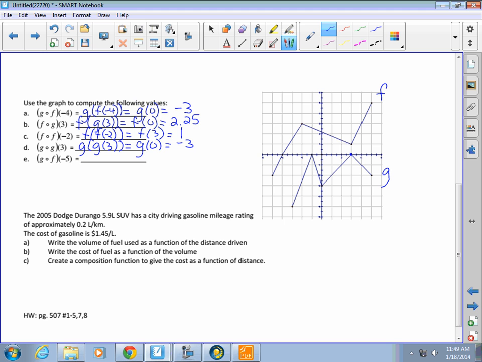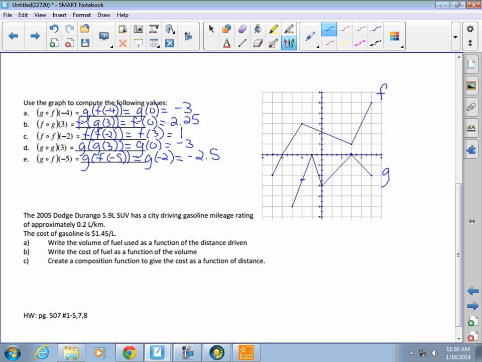In the last example, I'm looking for the g of the f of negative 5. Negative 5 is right here, and my y is right here at negative 2. So I'm finding the g of negative 2. On my g graph at negative 2, which is here, my y is down about here, which is about negative 2.5.